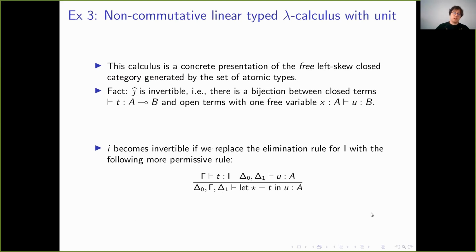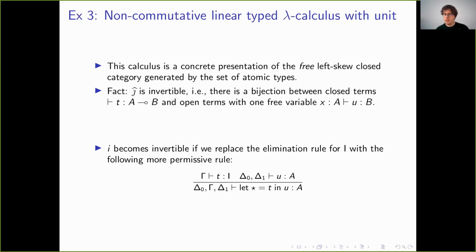And this is a nice example because it is also a concrete presentation of the free Left-skew closed category that is generated by the set of atomic types. Interestingly, in this example, there is a normality condition that already holds, which is the invertibility of j hat.